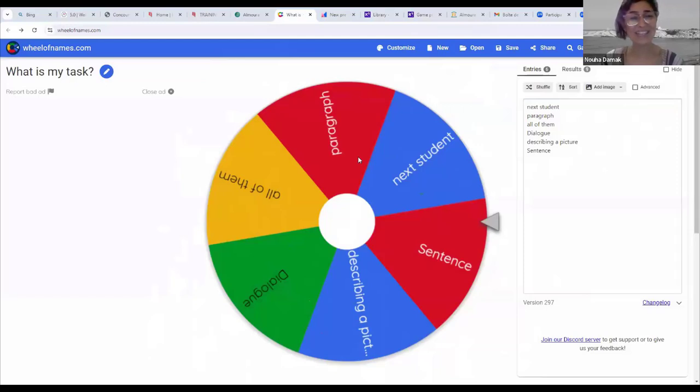Okay, so it's a sentence. Who's Rahma? Okay, so you need to submit a sentence, either orally or by writing it in the chat box. Yeah, Lujain, it's up to you.